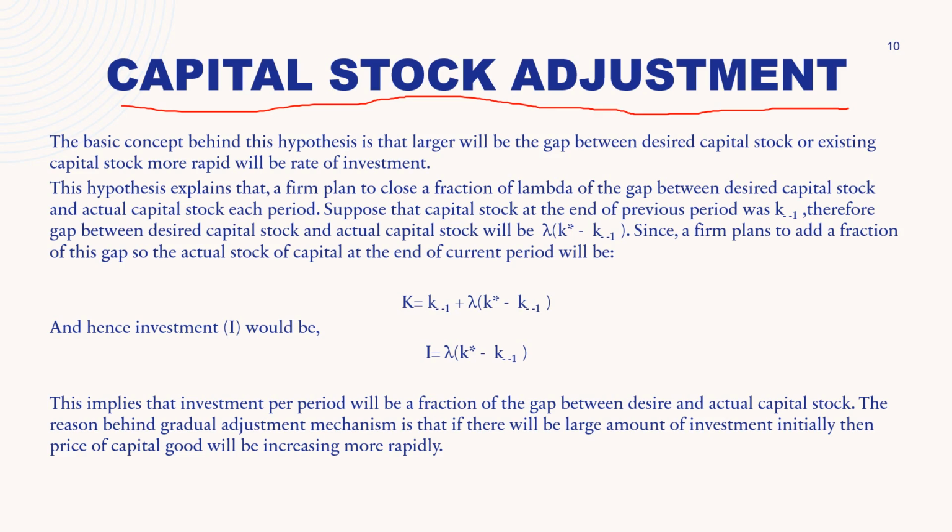Suppose that the capital stock at the end of the previous year was K minus 1. Therefore, the gap between the desired capital stock and the actual capital stock will be lambda times (K star minus K minus 1).